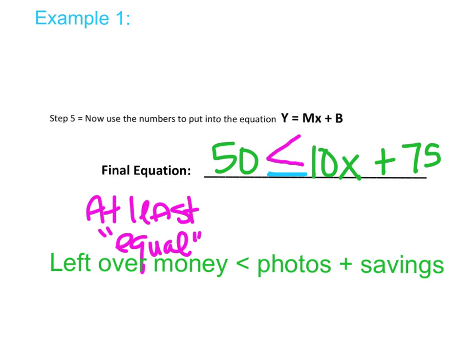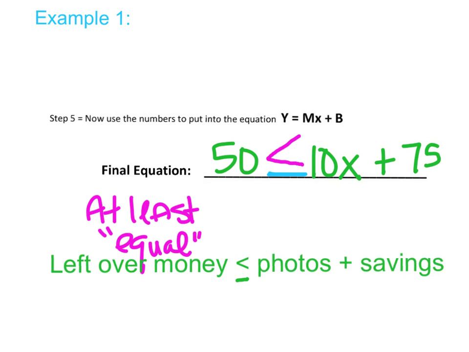Okay, now at the bottom of the screen, I've typed really what our equation is meaning in words. It says your leftover money, which is our $50, is less than or equal to, so I need that extra line, less than or equal to the photos, the money I earned from the photos, plus the money I save.